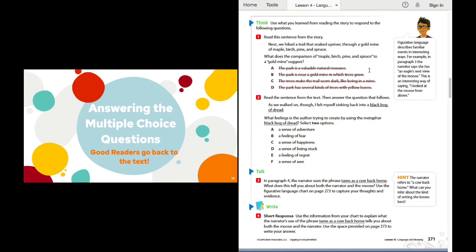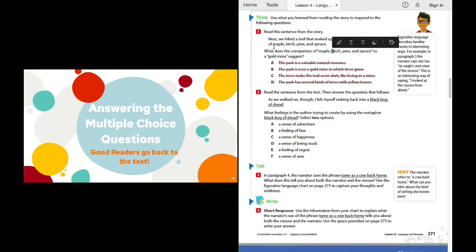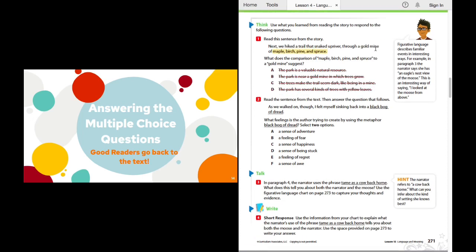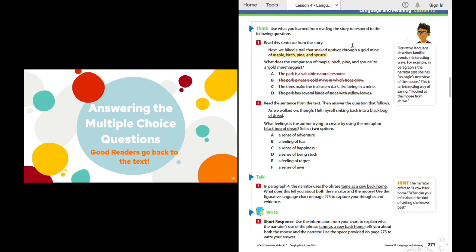We already looked at this sentence and broke it down, but I'm going to think about what the gold mine suggests. When I looked at this, it told me that there are multiple different things, right? There's maple, birch, pine, and spruce. And it's comparing the trail to a gold mine. Gold is valuable, right?